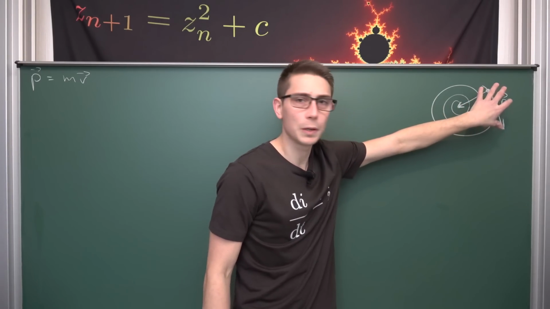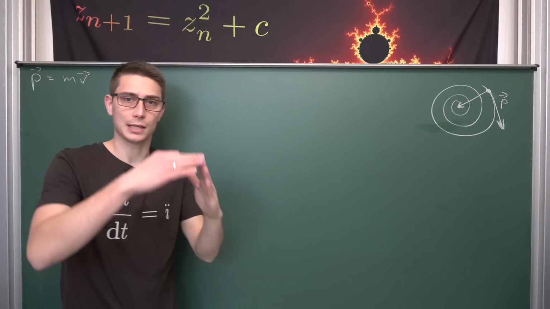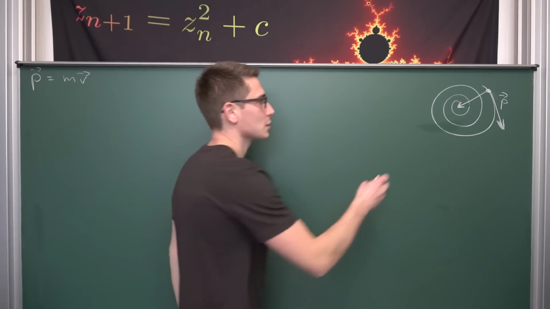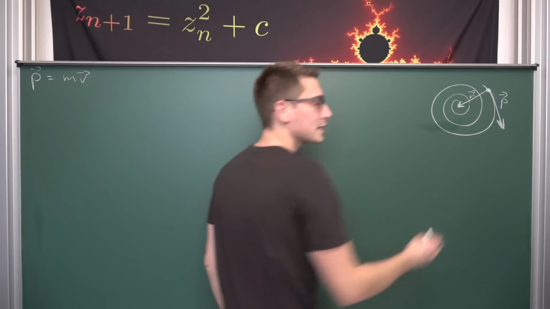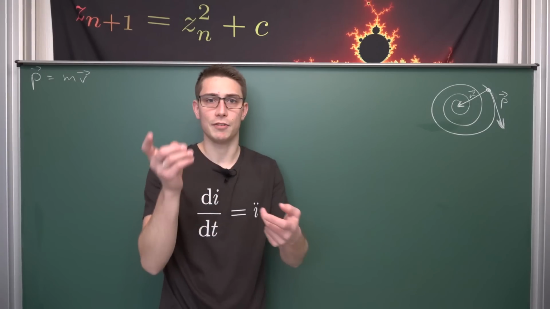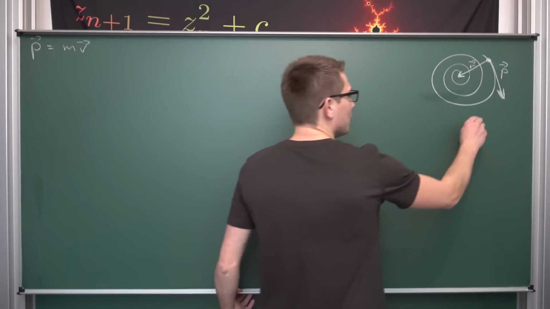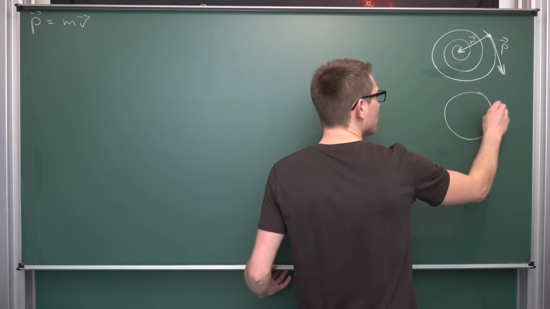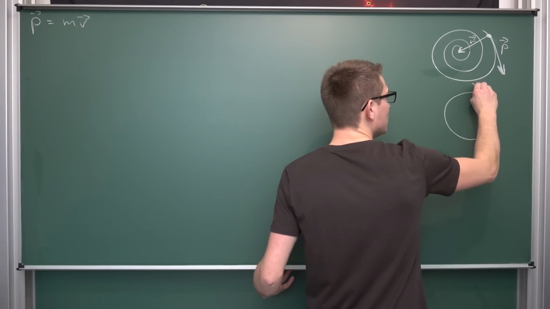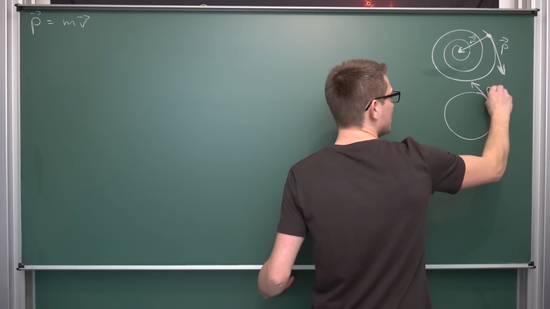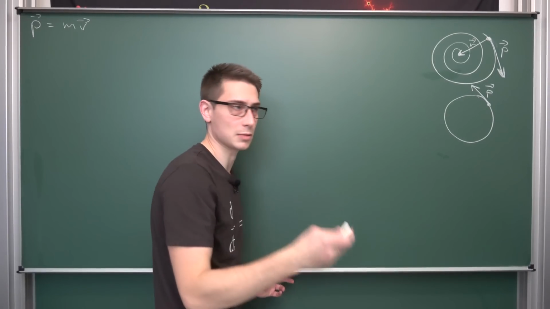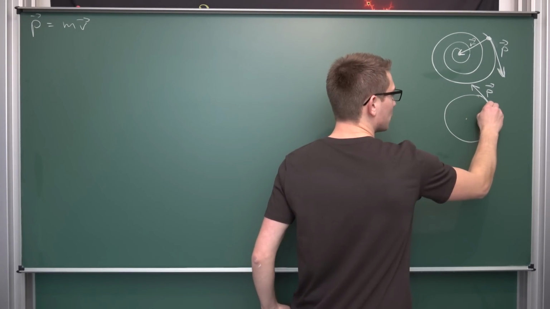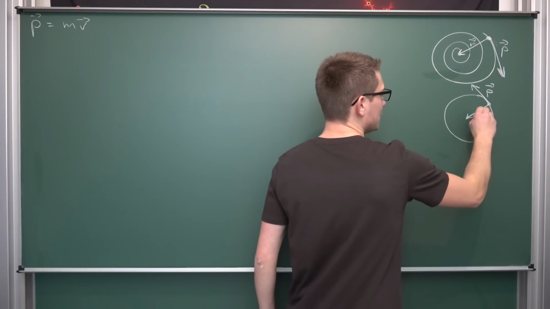They probably won't have a 90 degree angle enclosed by each other, this radius vector and this momentum vector. But for example, a situation where we have a 90 degree angle is a nice circular path. We have a mass m here, has a velocity in this direction, meaning since it has a certain mass, it also has a momentum in this direction, and we have a radius vector going right down here to the middle.